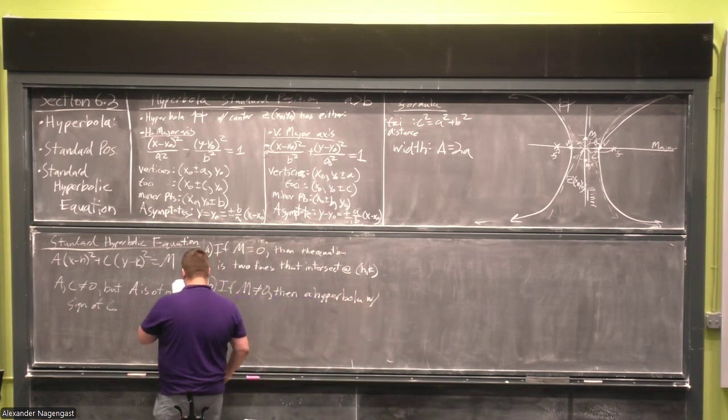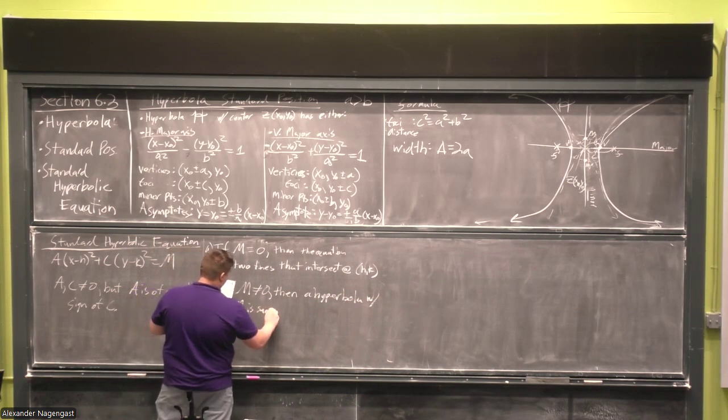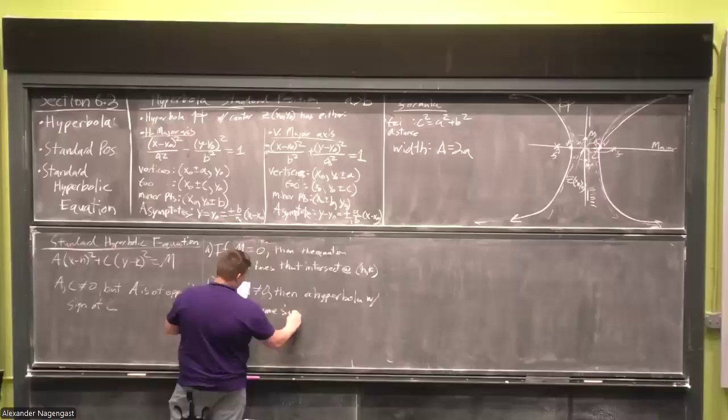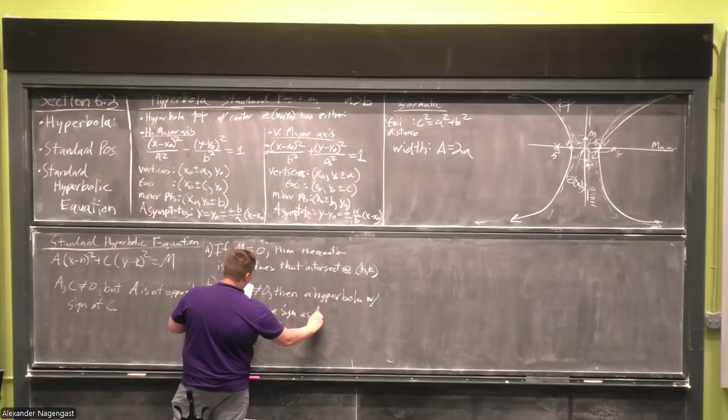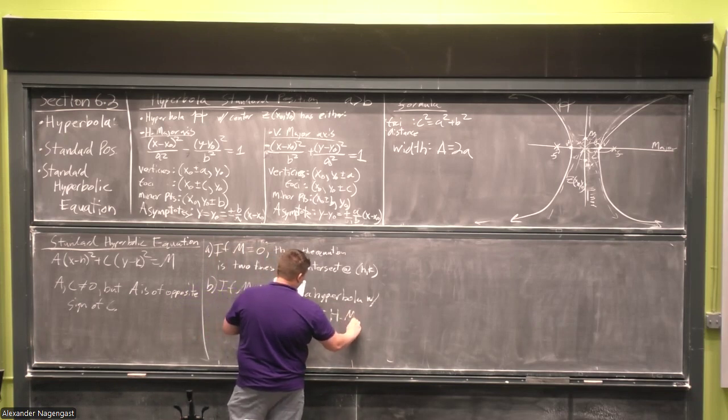If m is the same sign as a, we get a horizontal major axis.